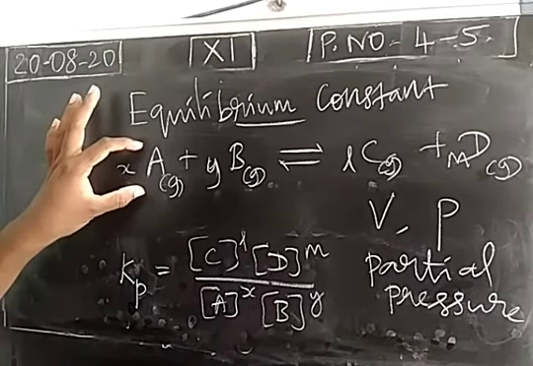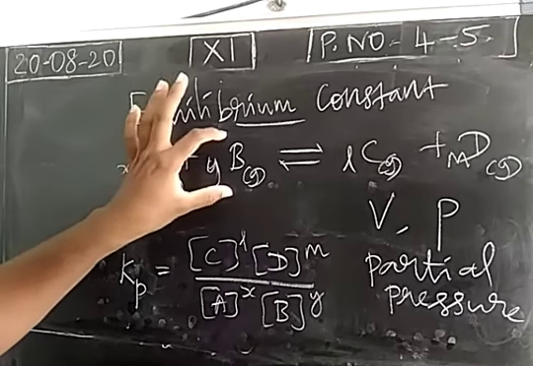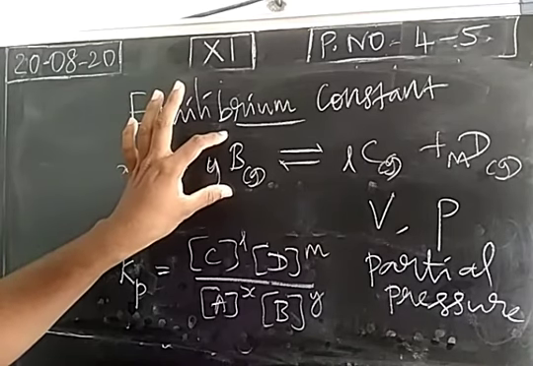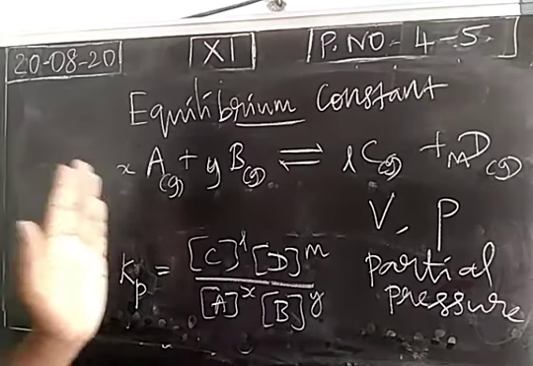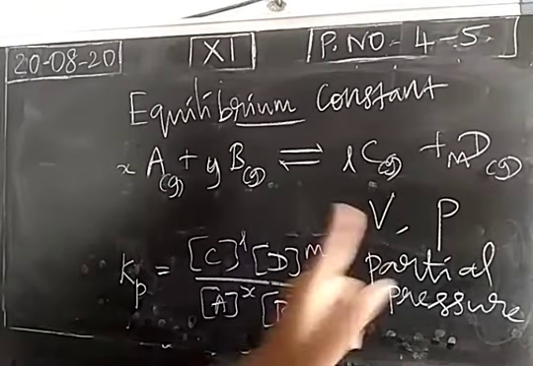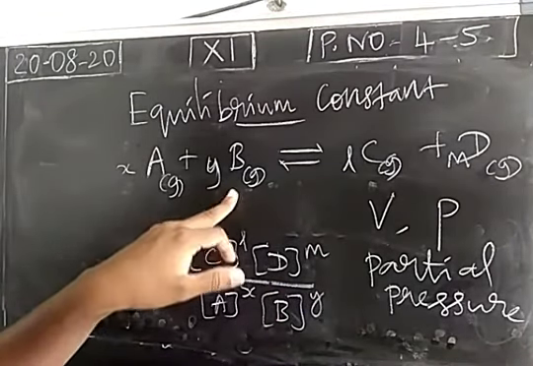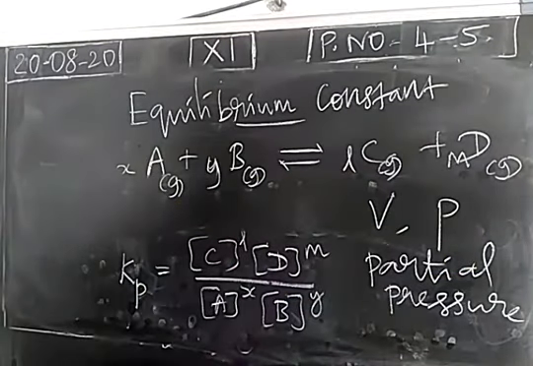Gaseous molecule A will have a particular pressure, and gaseous molecule B will have a particular pressure, the same way C and D. So the pressure exerted by the individual molecules is called partial pressure. When we add all the partial pressures of A, B, C and D, you will get the total pressure.